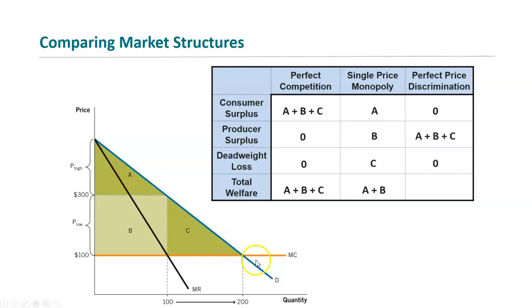But we haven't done that. Under perfect price discrimination, we are selling all the way to the point where no one's willing to buy anymore for the price that we're willing to sell, right? And that means that we have maximized possible happiness or surplus in this market. There is no deadweight loss under perfect price discrimination.